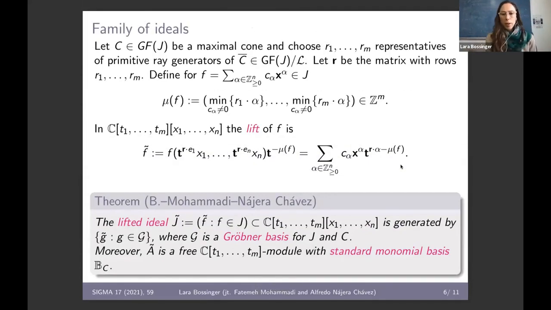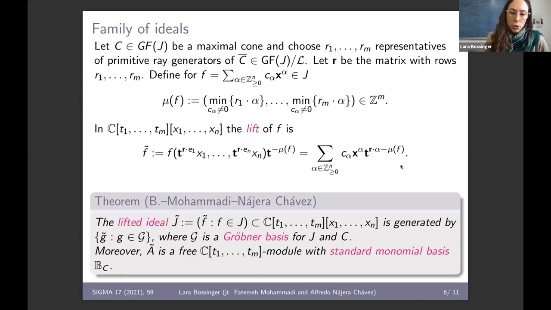And the theorem that we showed is then, first, this lifted ideal has a very particular generating set, or several, whenever you have a Gröbner basis for the ideal J with respect to the cone C. So a Gröbner basis is a set of generators for the ideal whose initial forms also generate the initial ideal. Then the lifts of those Gröbner basis elements will generate the lifted ideal.